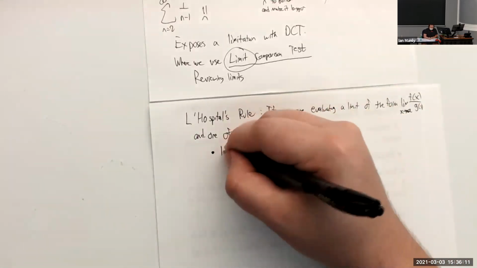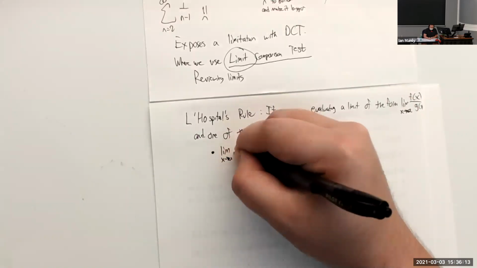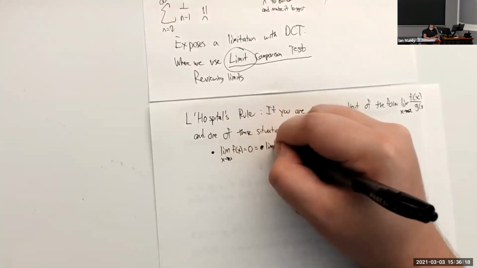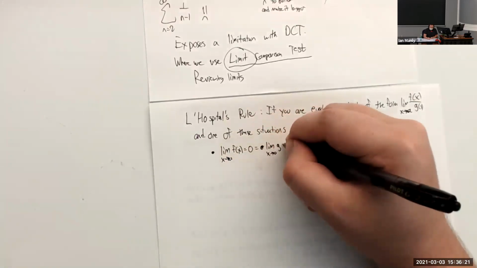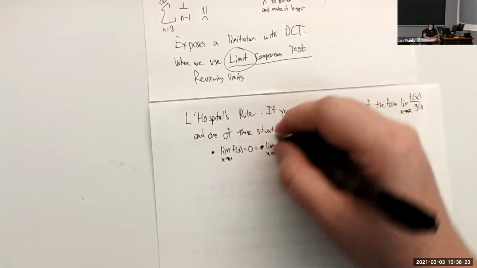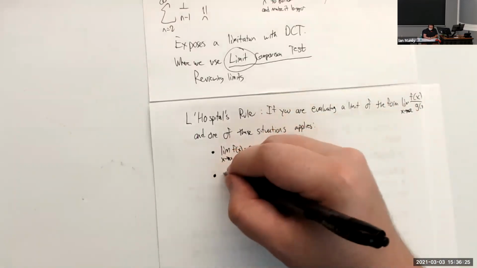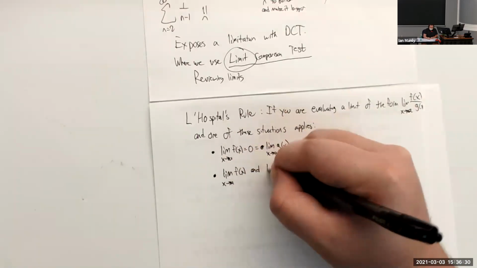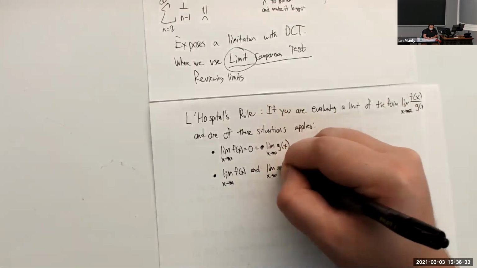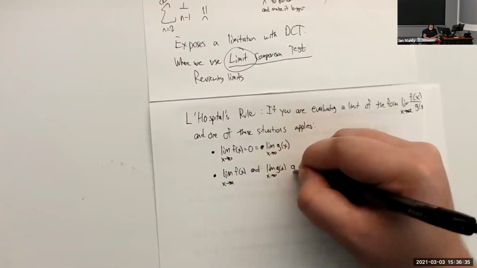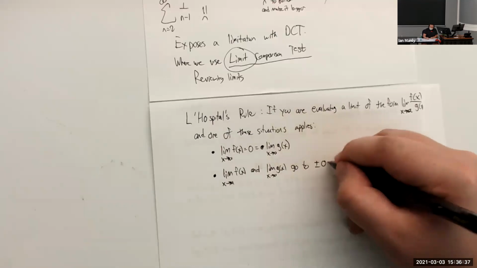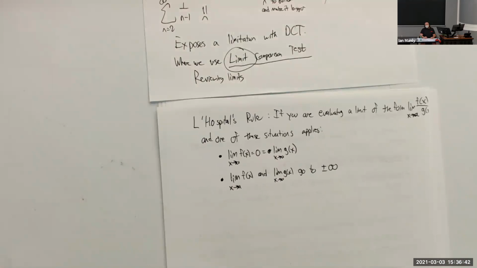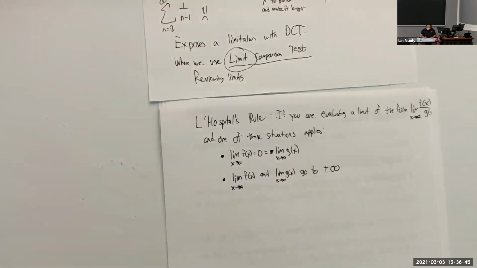The first situation is that f of x on the top is going to 0, and so is g of x. So if they're both going to 0, or if both limits go to plus or minus infinity. It doesn't matter which sign it is. You just need to be going towards some type of infinity.